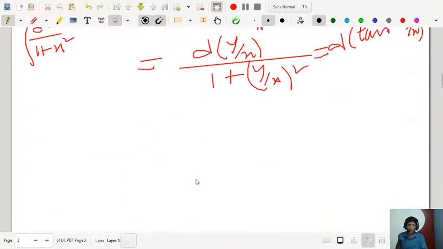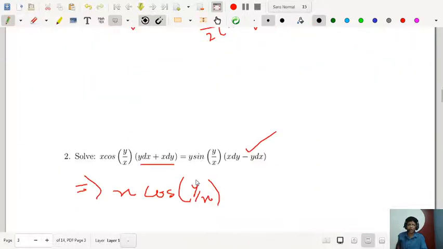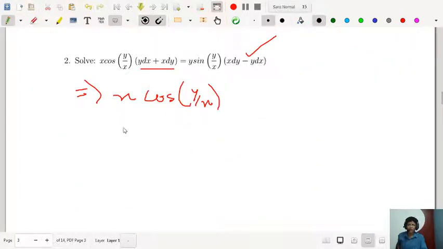So let us multiply both sides by 1 by x square.